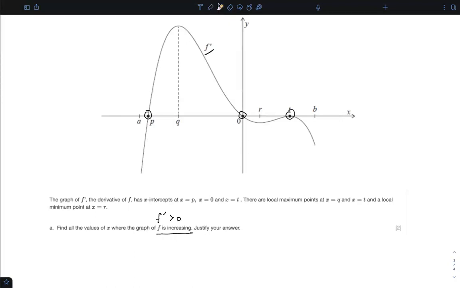We see that it is positive in this region, right? In this region, f prime is above the x-axis. That means it is positive. After 0, it becomes negative. So the graph is increasing in the interval when x is greater than p but less than 0.